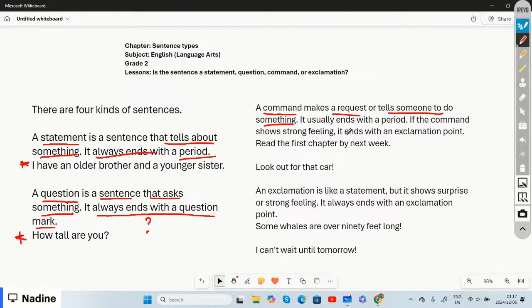And with a command, it usually ends with a period. But if the command shows strong feelings, then it ends with an exclamation point.